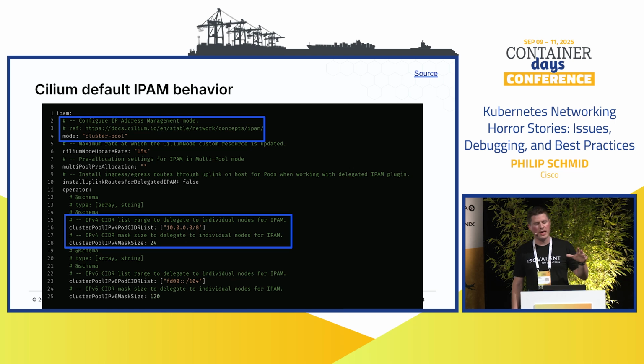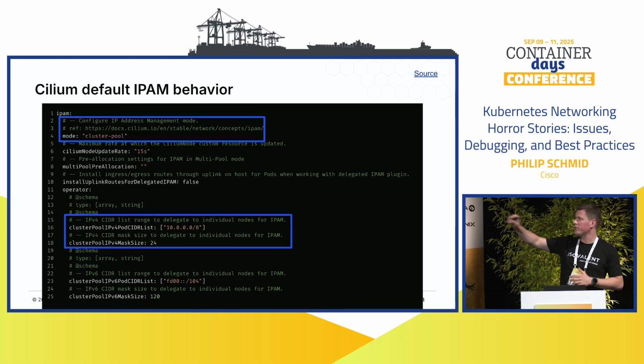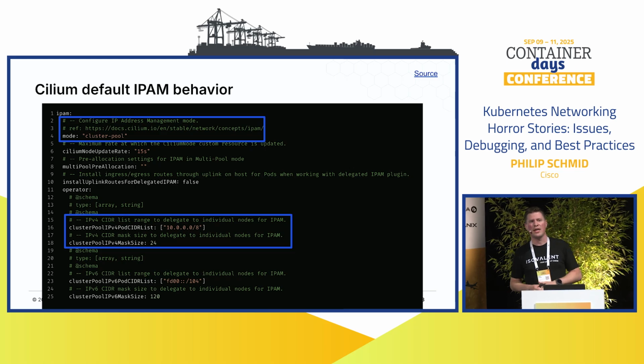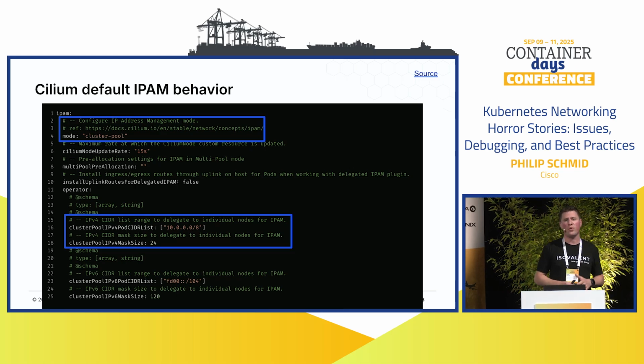We already see that the mode is set to cluster pool, sometimes also referred to as cluster scope. And this is combined with the 10.0.0.0/8 IPv4 range, which is used for actual pod IP assignments. Now, what's also configured there is the cluster pool IPv4 mask size, which is set to 24.